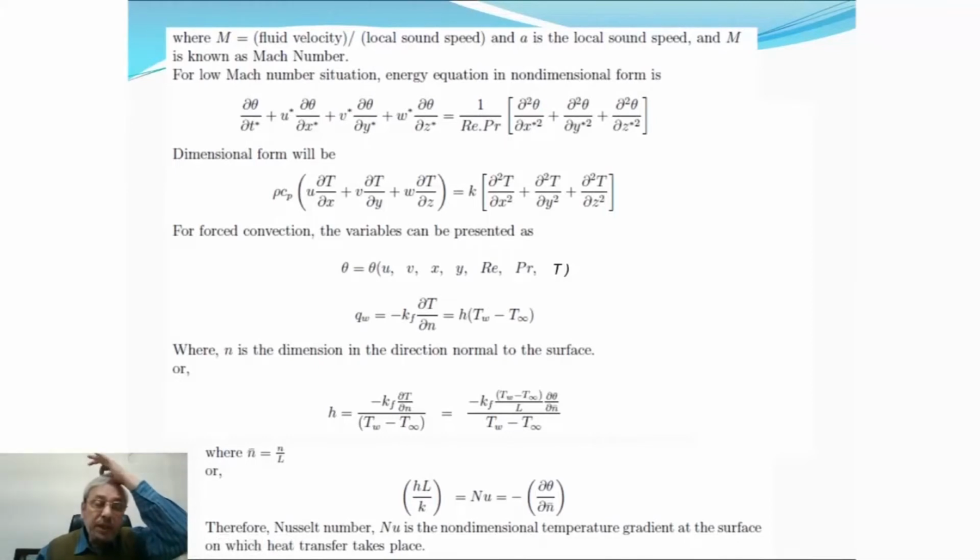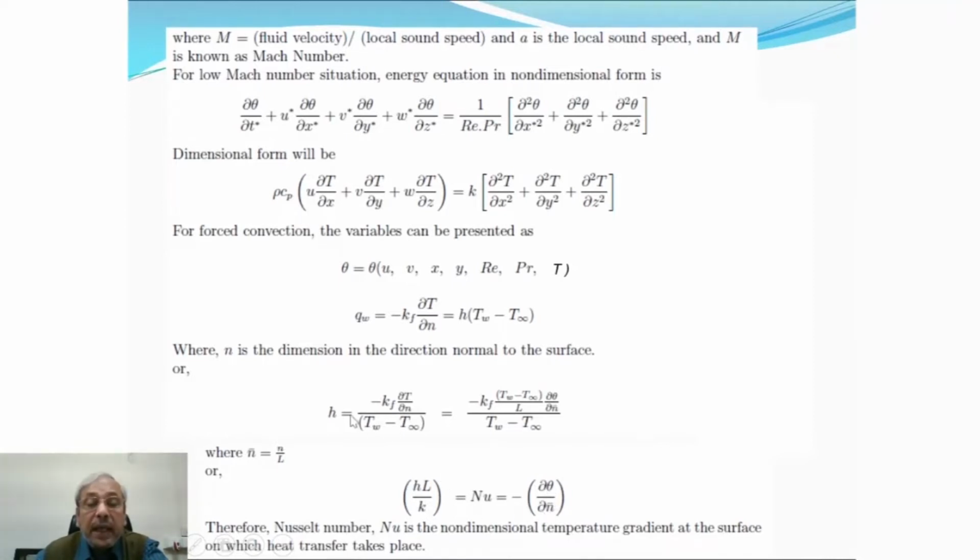We non-dimensionalized with the length scale. So here we can rearrange the terms and we can write HL by K, equal to Nusselt number, equal to minus del theta del N bar.